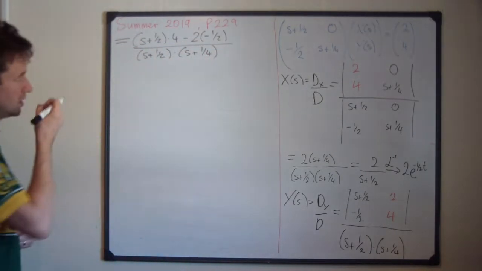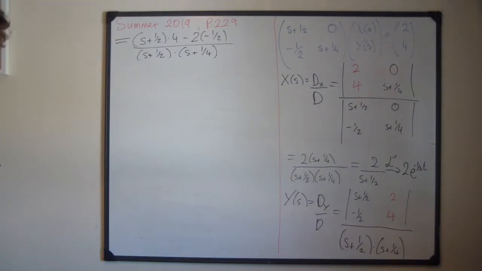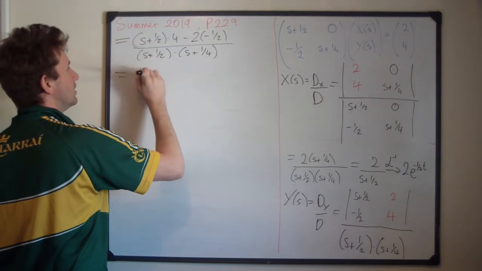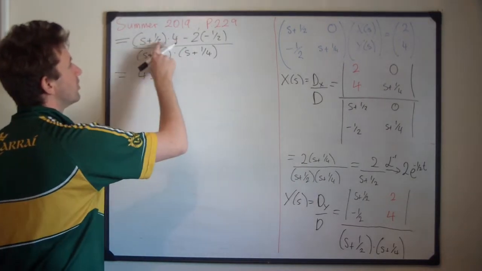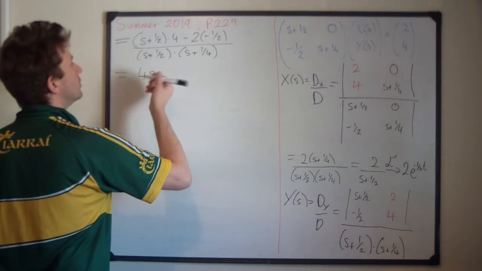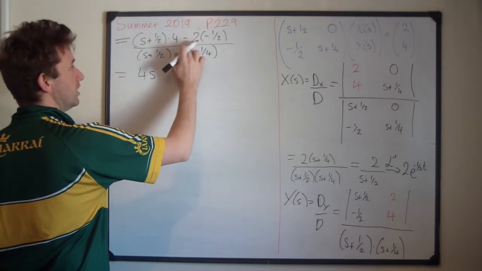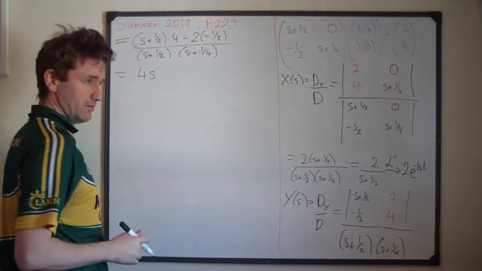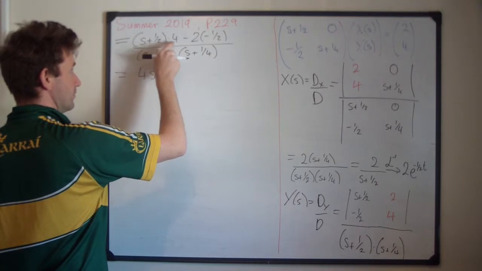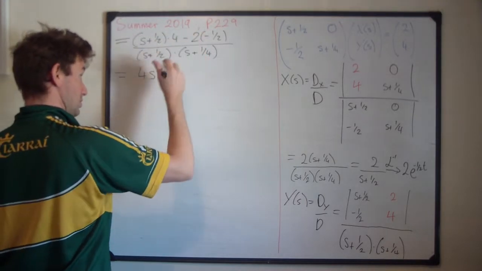Now this one, you could probably divide above and below by s plus half at this point, but it actually complicates something for later. I think the safest thing to do here is probably to multiply at the top and see where we are. So 4 by s is 4s. 4 by a half is 2. Minus 2 by a half, minus minus is plus. So you end up with 4 by a half is 2 plus 1 is 3.